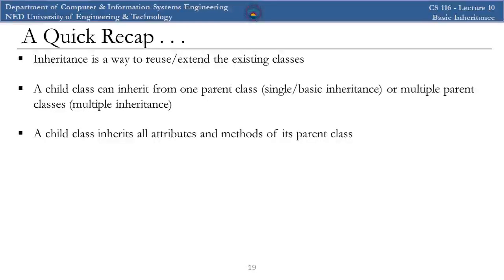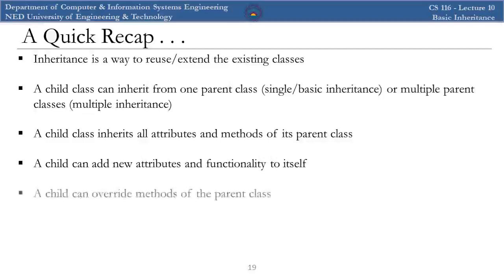When a class inherits from another class, it inherits all the attributes and methods of its parent class, or of all its parent classes that lie in the hierarchy. And a child can have some attributes and functionality of its own too. Then we saw that we can override methods in a child class.